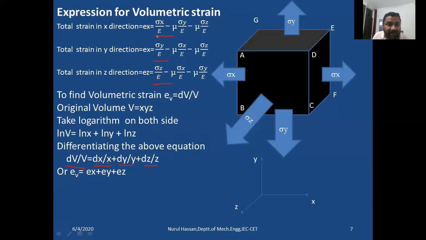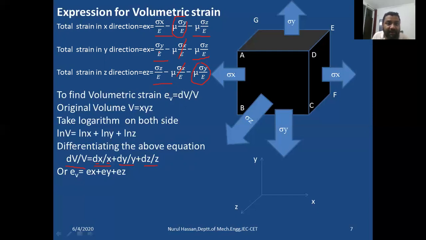One will be sigma x by E plus sigma y by E plus sigma z by E. Then you see, this is minus mu sigma y by E, and again here it is minus mu sigma y by E. That is 2 times minus mu sigma y by E. Similarly, this is minus mu sigma z by E, this is again minus mu sigma z by E. Here it is sigma x by E, minus mu sigma x by E. Here it is minus mu sigma x by E. So two terms are there.